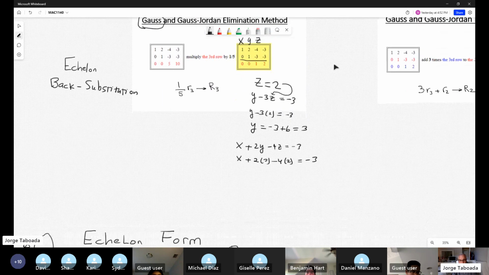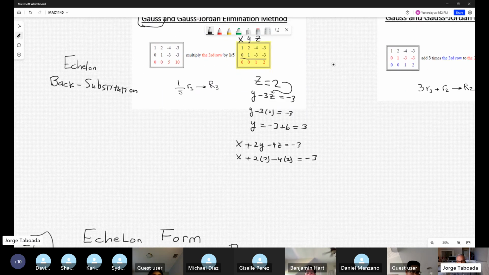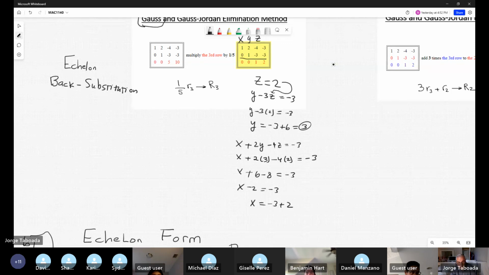Entonces X plus 6 minus 8 equal minus 3. Or X minus 2, because positive 6 minus 8 is negative 2, equal minus 3. Therefore, X alone is minus 3 plus 2, que es negative 1.